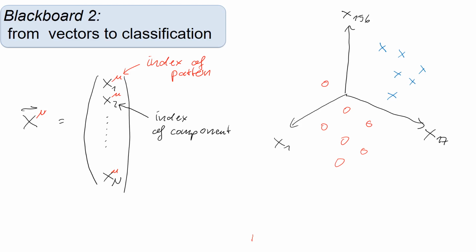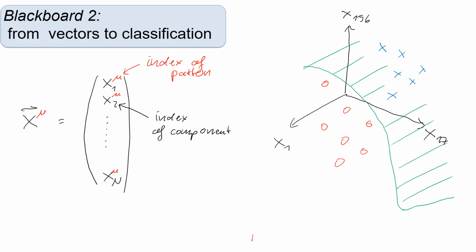And now the point I would like to make is the following. Classification amounts to finding a separating surface that puts apart the blue positive crosses from the negative examples, the red points. So this surface could look like this, some surface, and now the idea is that all these blue points lie on the positive side of this surface, and all these red points lie on the negative side.